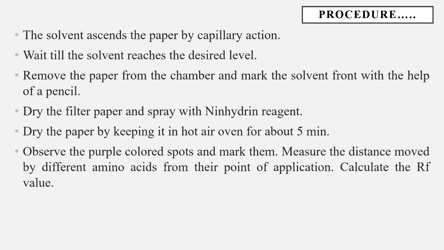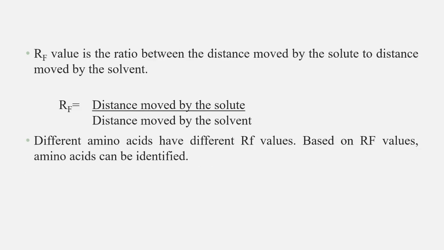Then measure the distance moved by the different amino acids from the point of application. By using a scale, we have to measure how much distance the amino acids have traveled. Next, we have to calculate the RF value. RF value is the ratio between the distance moved by the solute, here solute means amino acid, to the distance moved by the solvent.